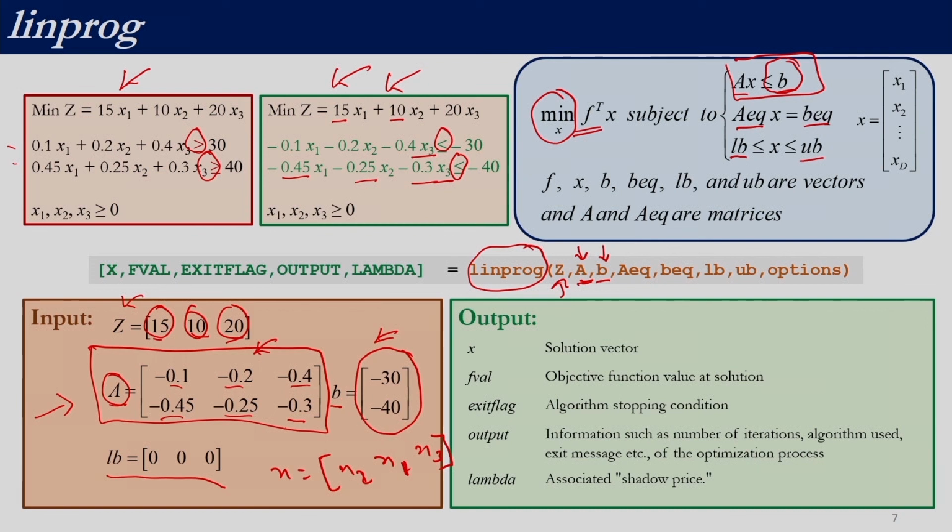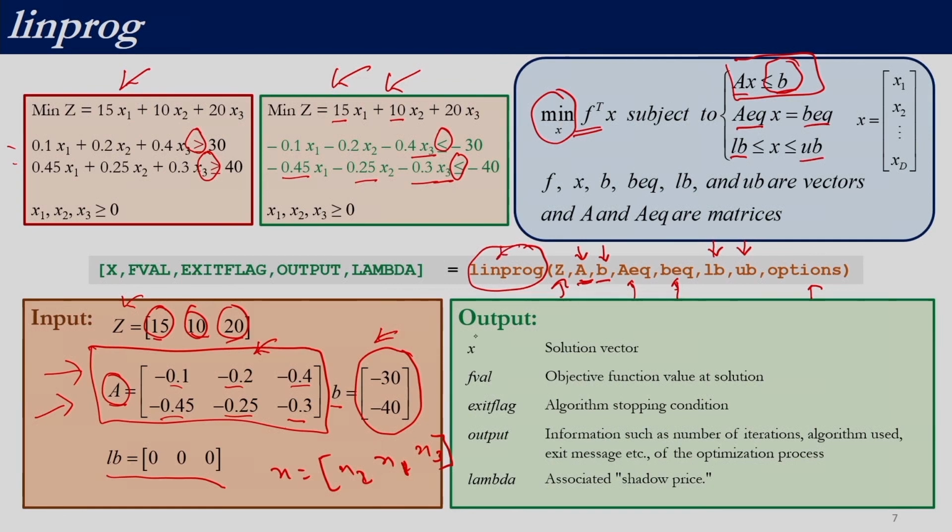If we had equality constraints, just like we derived the coefficients of this inequality constraint, we can also derive the coefficients of the equality constraint. That has to be given in subsequent variables. Then we need to provide the lower bound, the upper bound, and then the options. Options is usually provided when we want to override the default options of linprog.